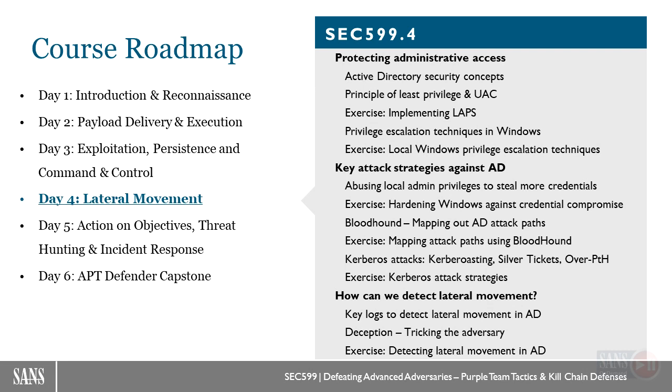We start off with administrative access, because I already mentioned that we are looking at lateral movement here. So adversaries or pen testers moving from one system to the other. This typically requires admin rights, because they like to steal credentials that they find on one system to move to the next one. In order to prevent such attacks, one key prerequisite and key control is to restrict administrative access to your systems.